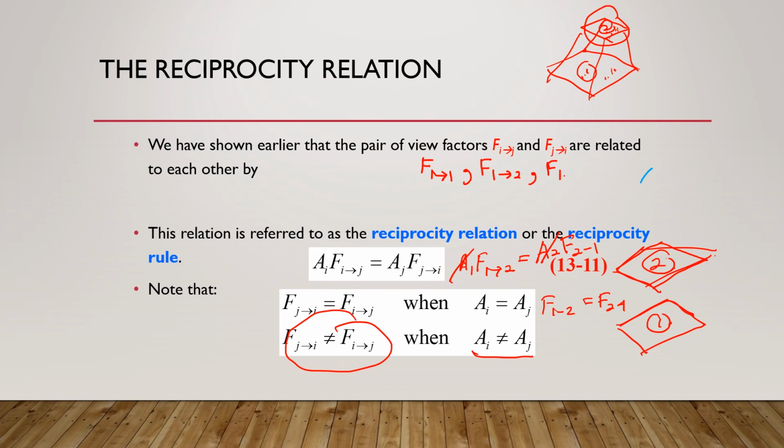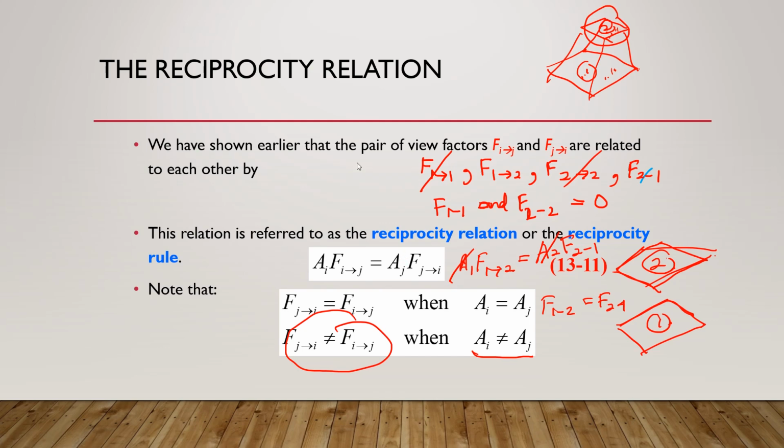Now we go to the next surface, so F2 to 2 and F2 to 1. We know that F1 to 1 is equal to 0 because this is a plane surface, and F2 to 2 is also a plane surface, so this is equal to 0. So you can reduce these two.